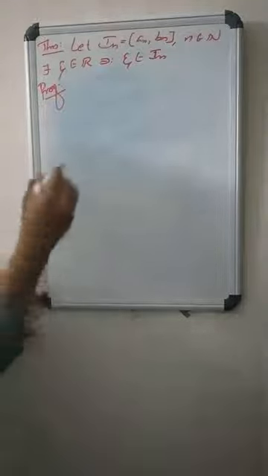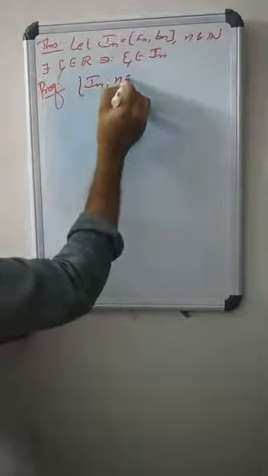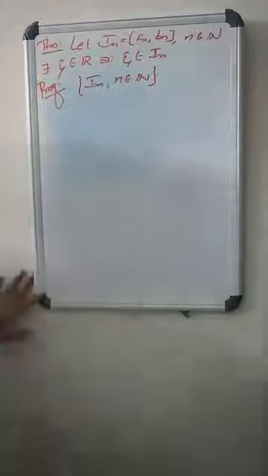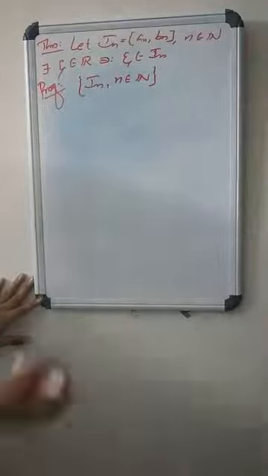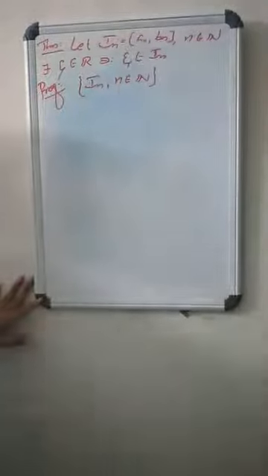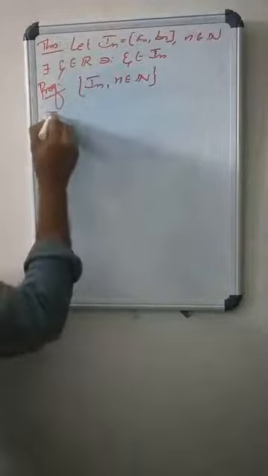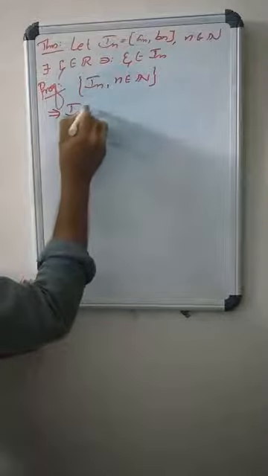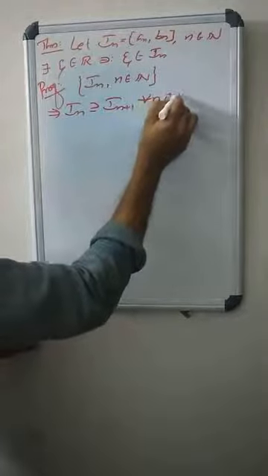That means the set of all I_n, where n in N, is a sequence of nested intervals. Then by the definition of nested intervals, we have I_n is a superset of I_(n+1) for all n in N.